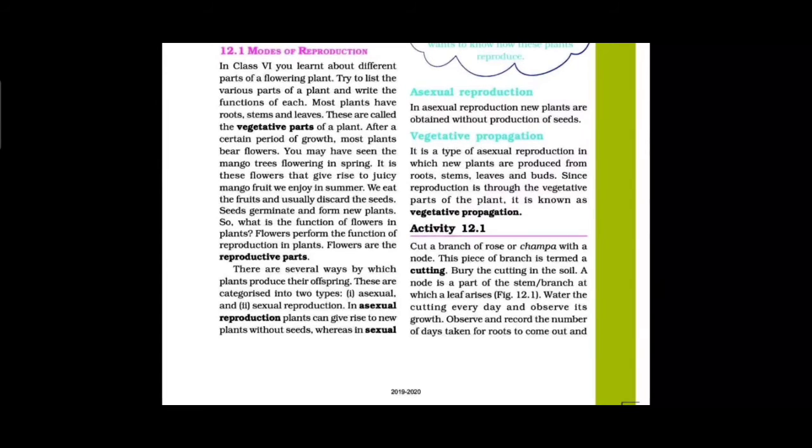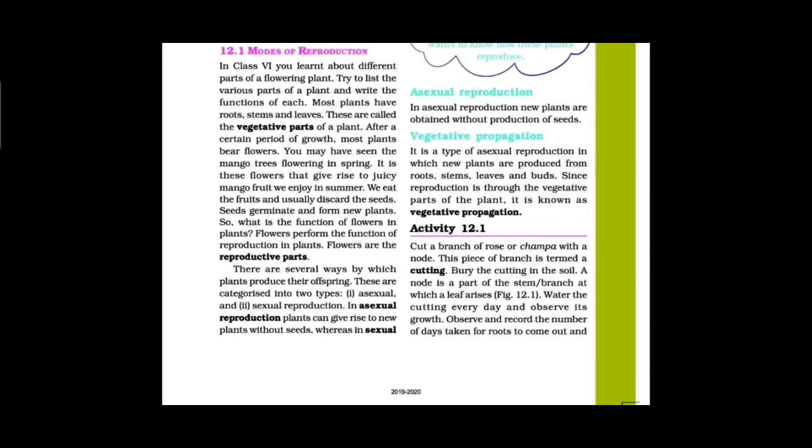Then vegetative propagation. Vegetative propagation is a type of asexual reproduction in which new plants are produced from roots, stem, leaves and buds. Since reproduction is through the vegetative parts of the plant, it is called vegetative propagation.